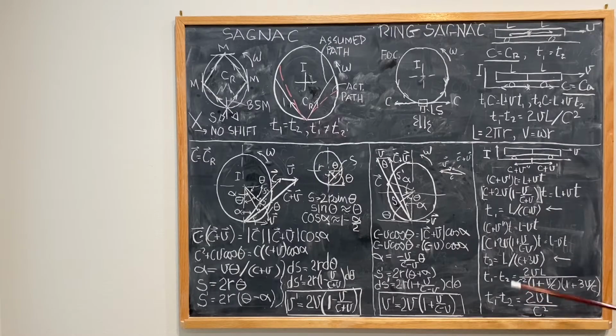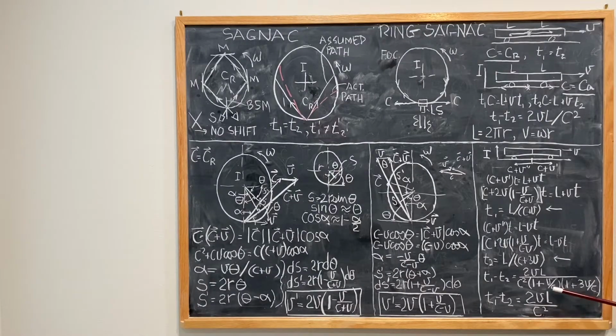Finally, t1 minus t2 is equal to this expression here, 2vL over c squared times (1 plus v over c) times (1 plus 3v over c). Dropping the term v over c, because v is on the order of meters per second, and the speed of light is 3 times 10 to the 8th meters per second.